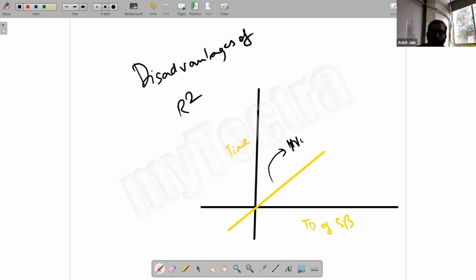Number of births at 8 a.m., or say 7:50 a.m. when I reach Silk Board. Does it make sense? What is the third axis? Number of births of children in India at 8 a.m. when I reach Silk Board. Do you see this will help anything in my model? Does this have any correlation to my model?